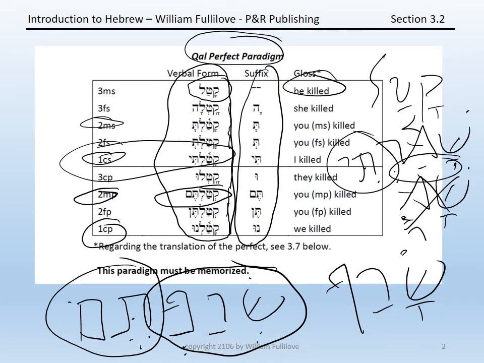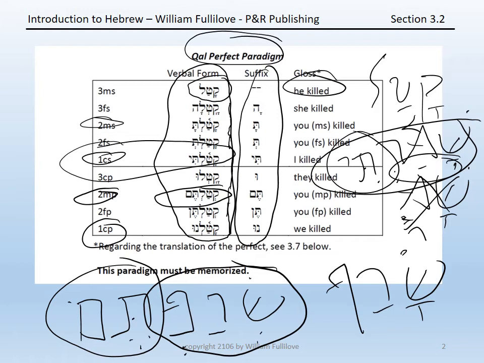If you look up shin, mem, resh in your lexicon, you find out that this is I kept or I guarded. So by learning your Qal Perfect paradigm well, you'll be able to interpret any Qal Perfect, at least as of right now, that has strong root letters that you find in the text.